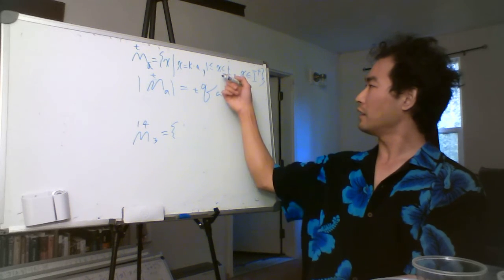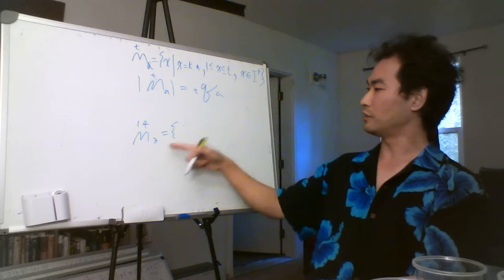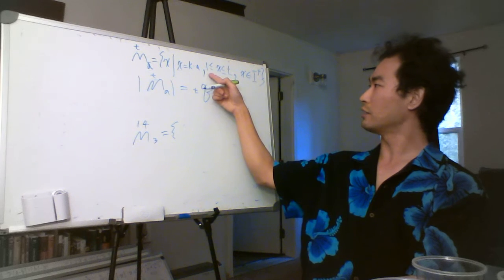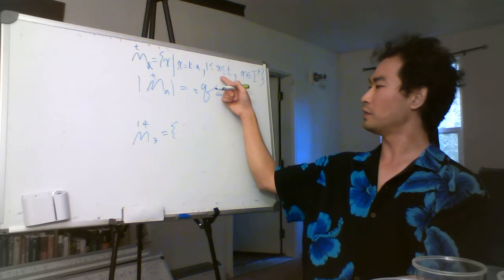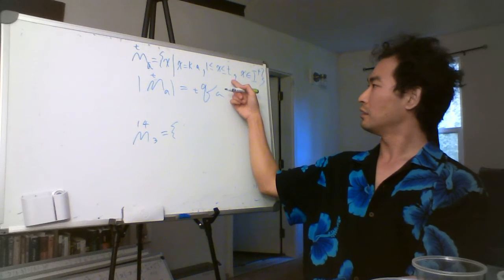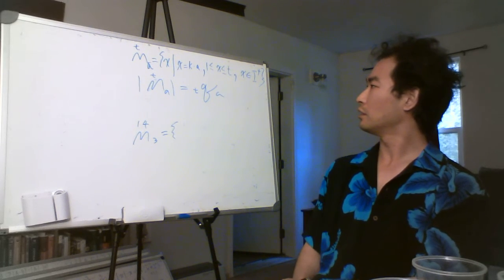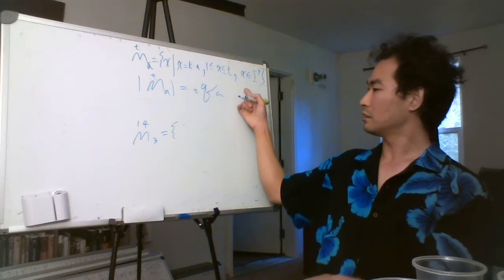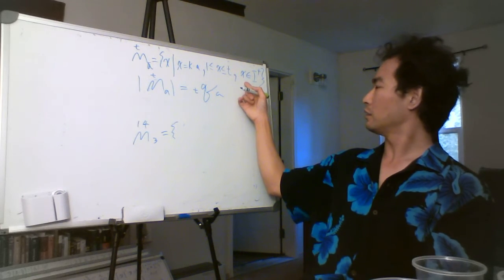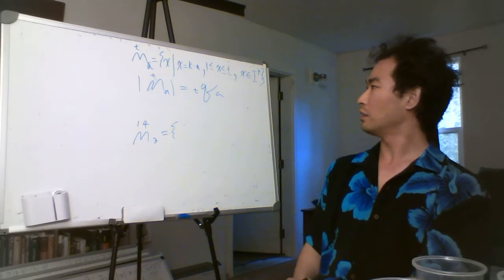And this A was 3, right? It's more than 1, okay. But it should be less than 14, and it's a multiple of K, and x should be a positive integer.